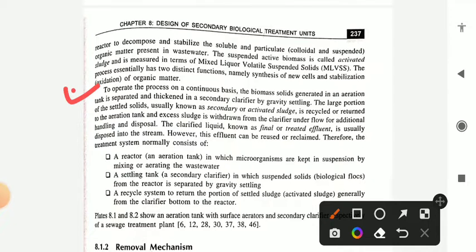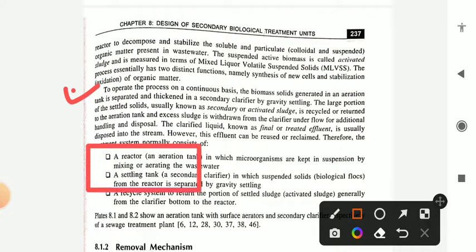The clarified liquor, known as final or treated effluent, is usually disposed into the stream. However, this effluent can be reused or reclaimed after treatment.